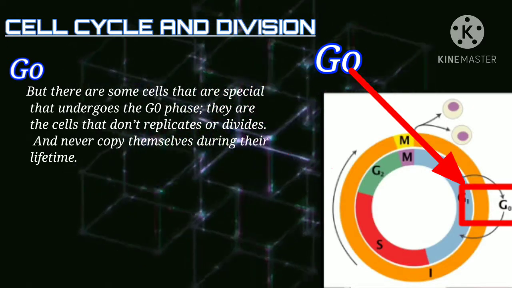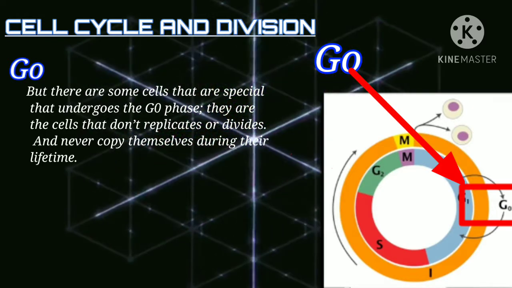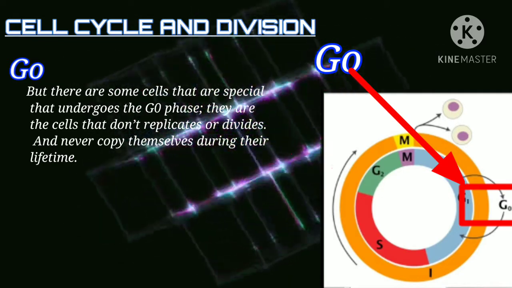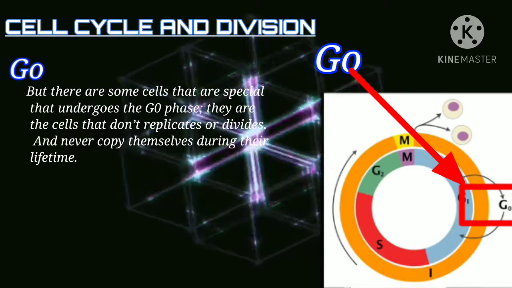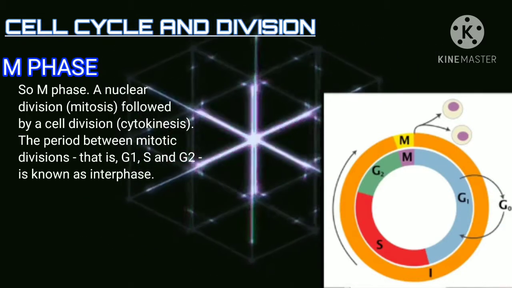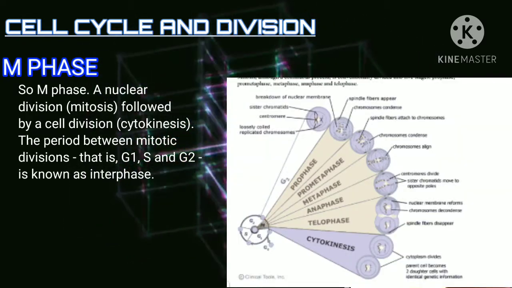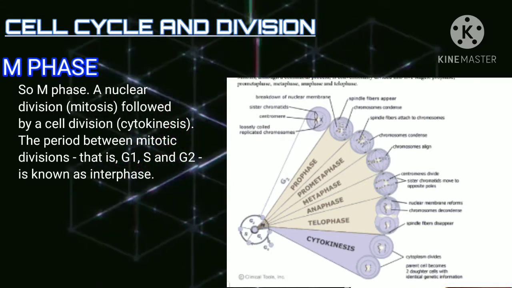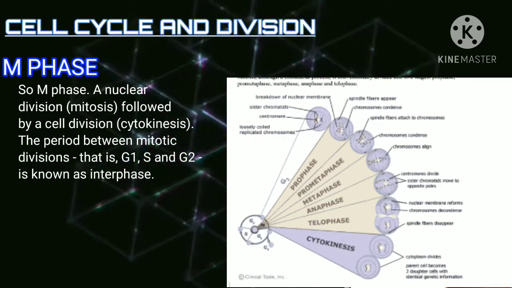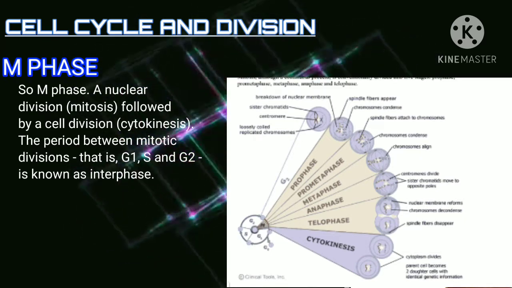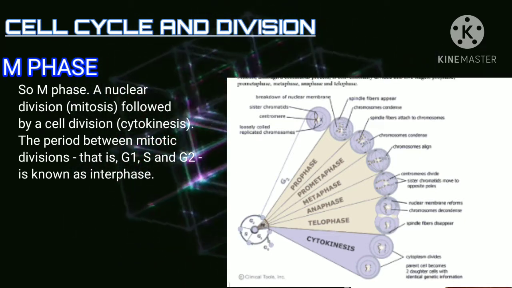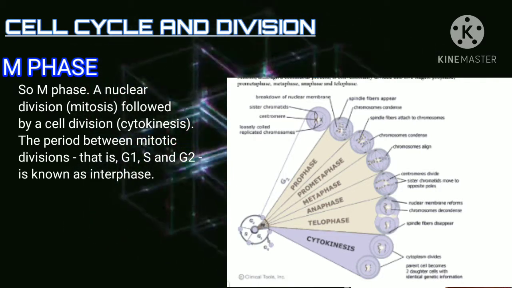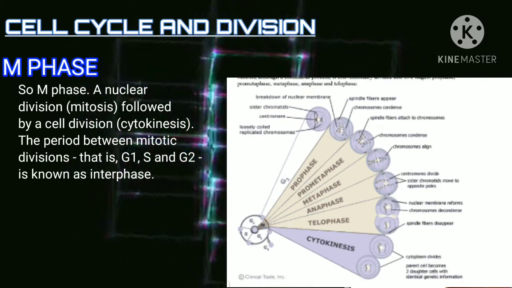They are the cells that don't replicate or divide and never copy themselves during their lifetime. So, M phase: a nuclear division, mitosis, followed by a cell division, cytokinesis. The period between mitotic divisions, that is G1, S, and G2, is known as interphase.